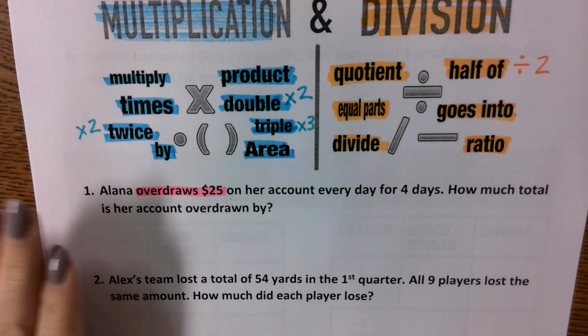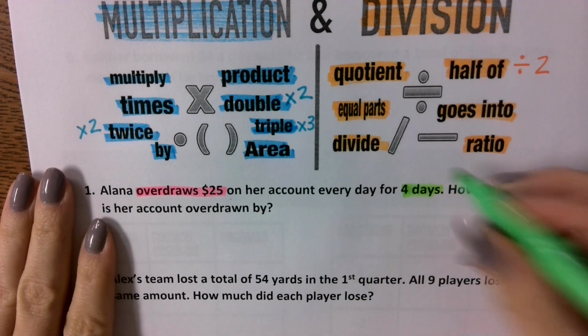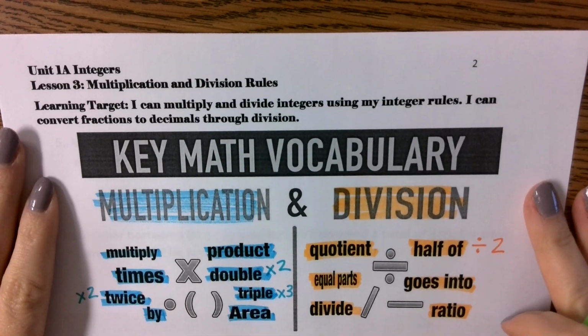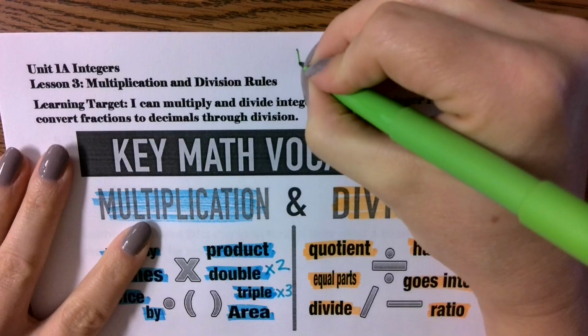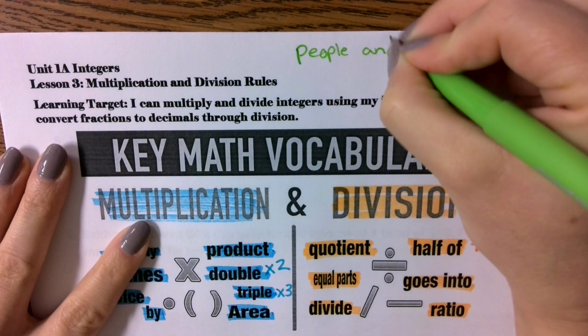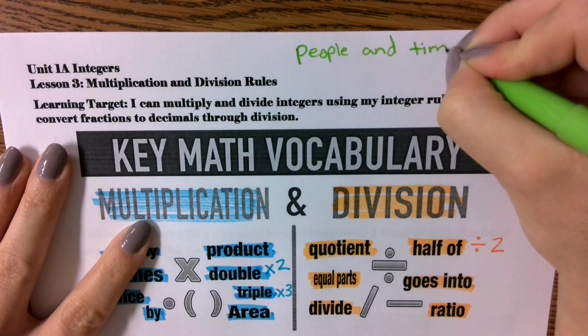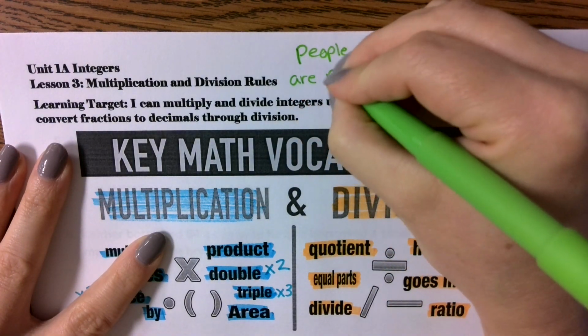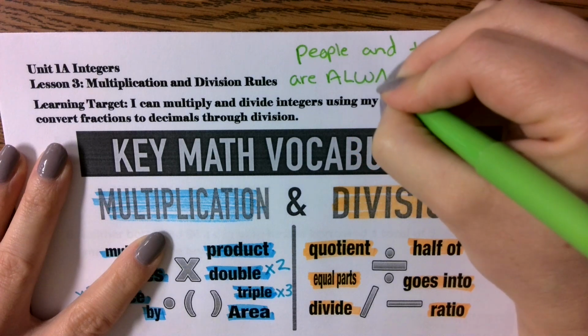Positive, right? Because it's days, isn't it? Here's one thing I want you to write at the top, real quickly before we move on. At the very top, I want you to write down, people and time. People and time are always positive.